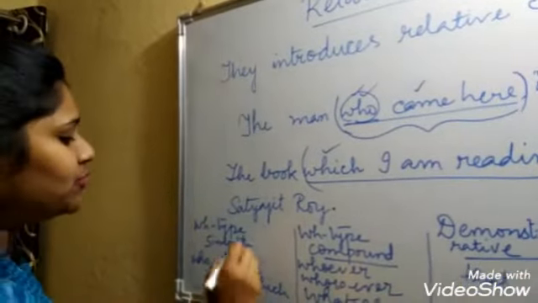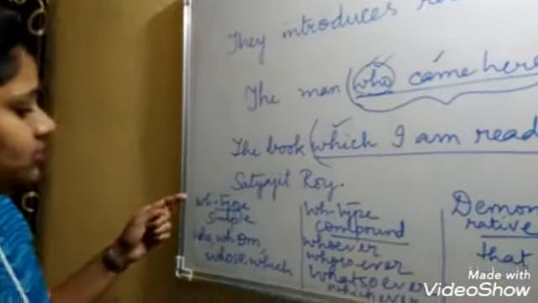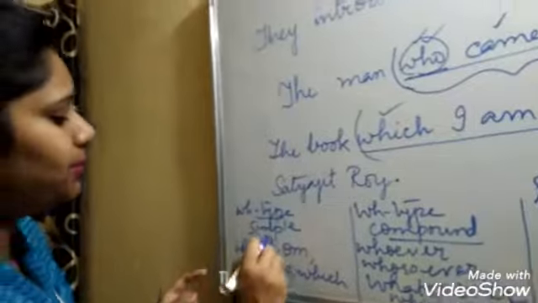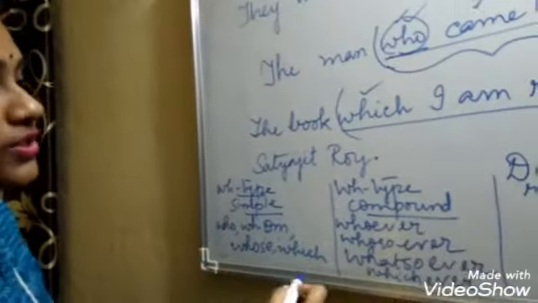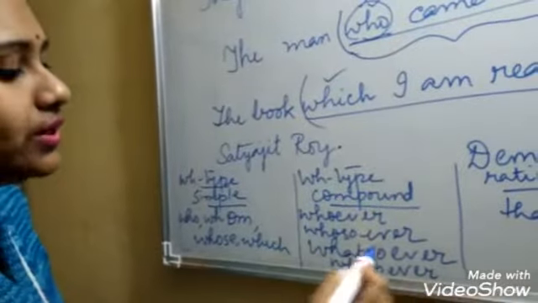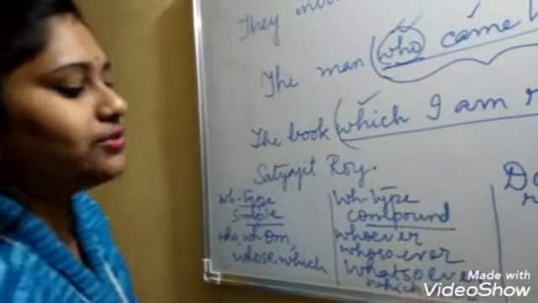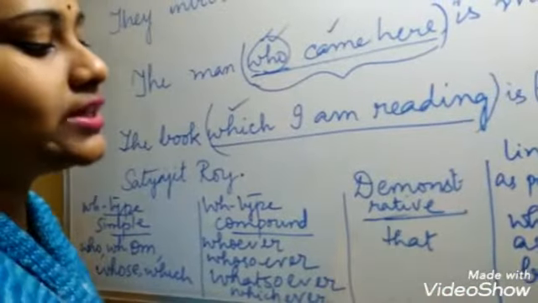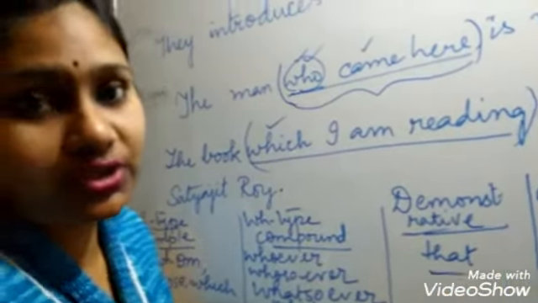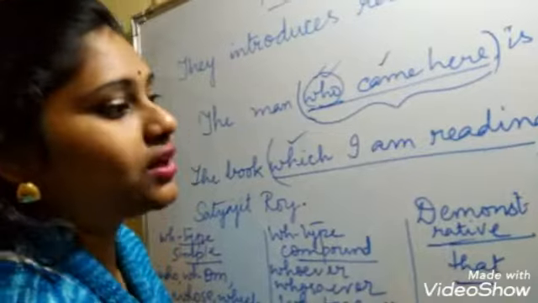Now the types of relative pronouns: there can be of WH type, simple. Simple means one word: who, whom, whose, which. Compound: whoever, whosoever, whatsoever, whichever. Now demonstrative relative pronouns, that can also introduce a clause.